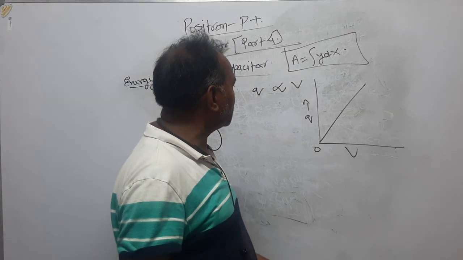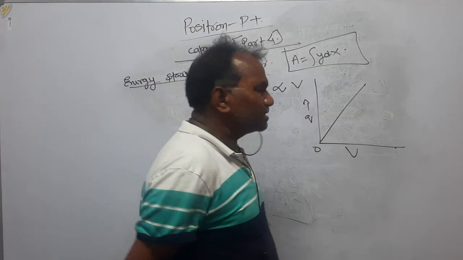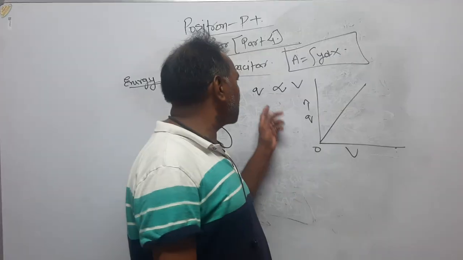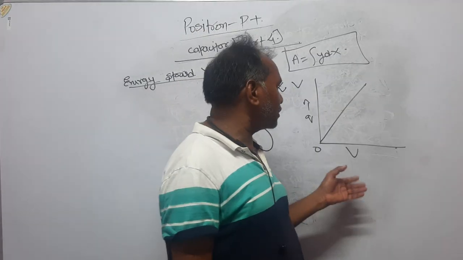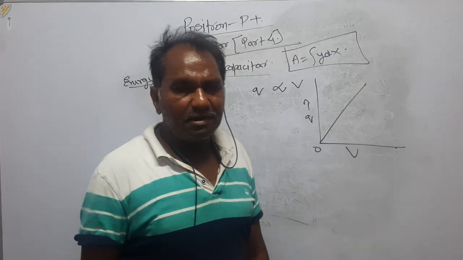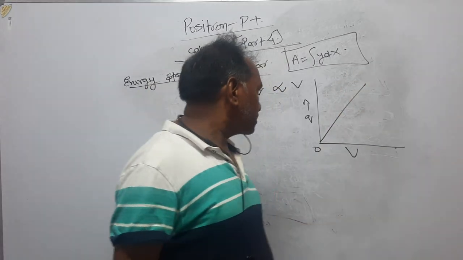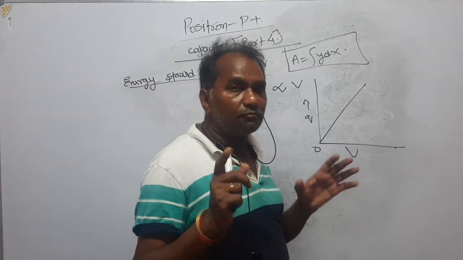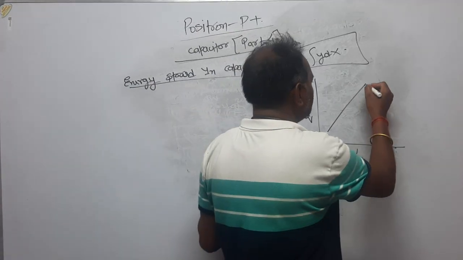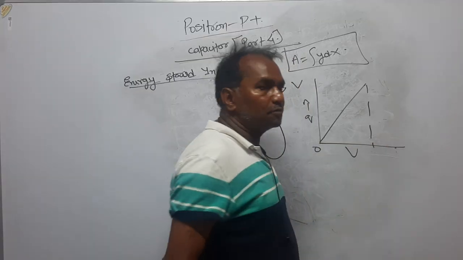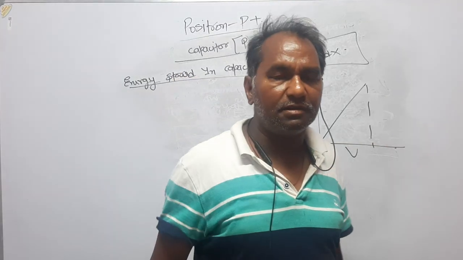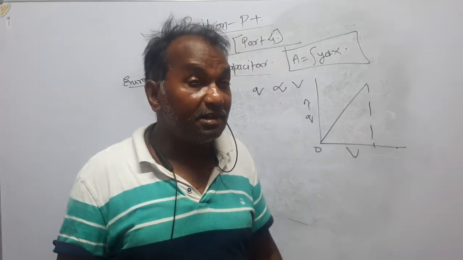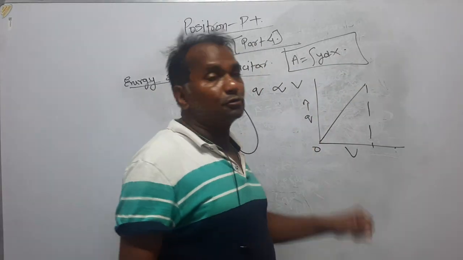Now, Q is proportional to V, and the graph has been plotted between Q and V. Because it is a proportionality, it would be an inclined line. Now, you can find the work done. If there is a graph between y and x, the area is the integral of y dx, and here the area will give you the work done.